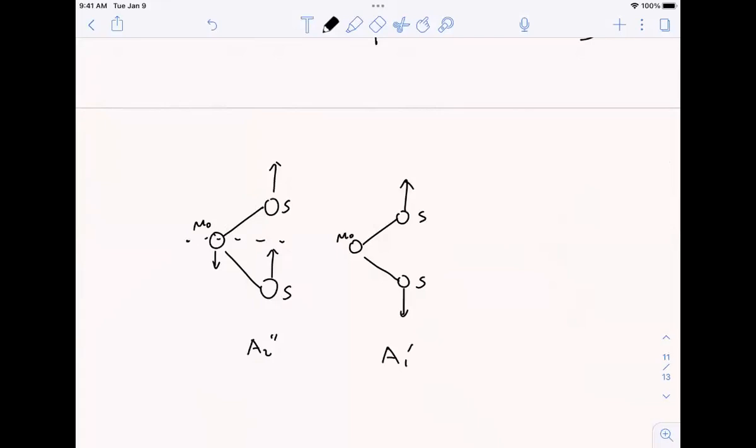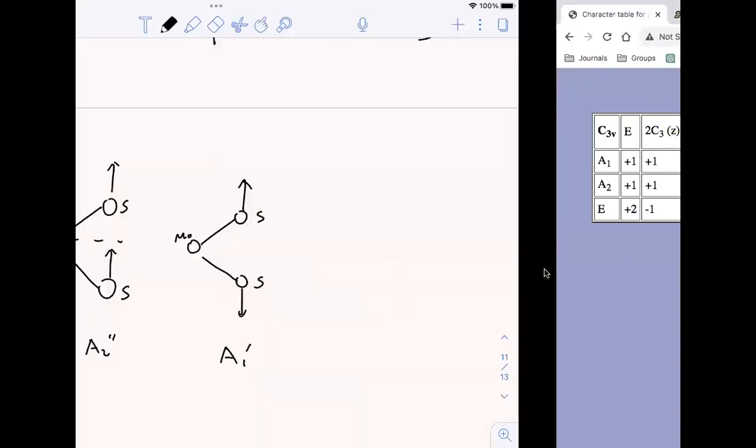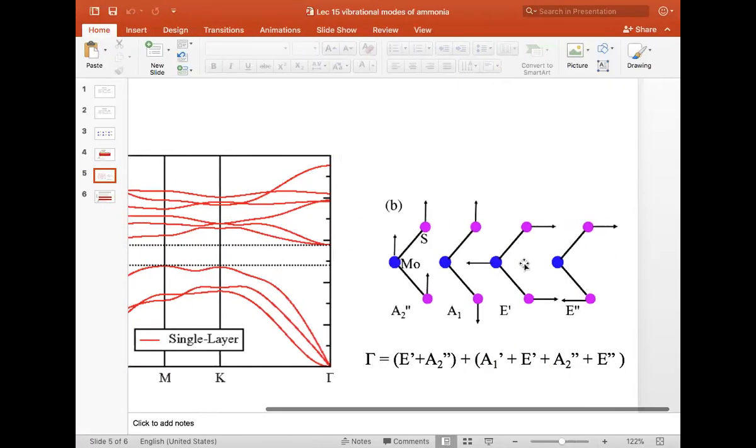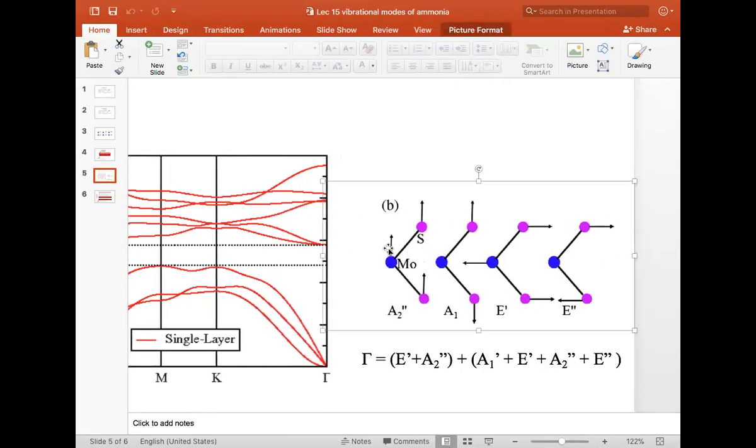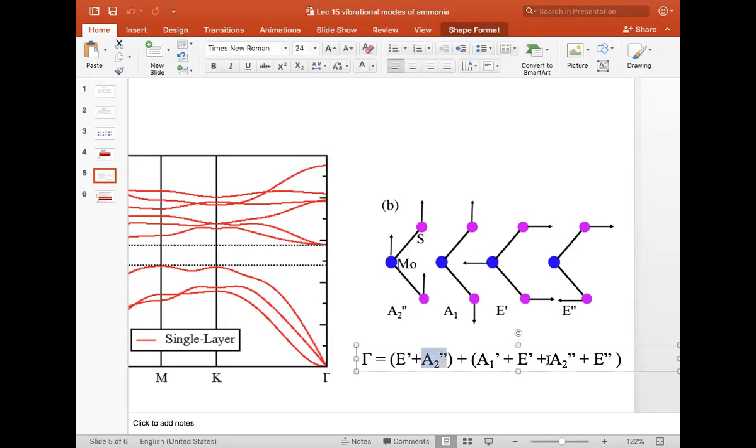Okay. The other one is this acoustic mode. If they all go up, this is the acoustic mode. So this PowerPoint is not correct. I mean, I copied this from the internet. I didn't double check it. This arrow should point down. That will be the acoustic mode. But you have an acoustic mode here, and you have an optical mode here.